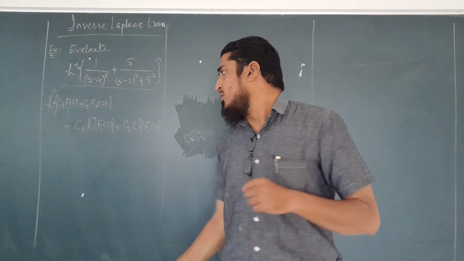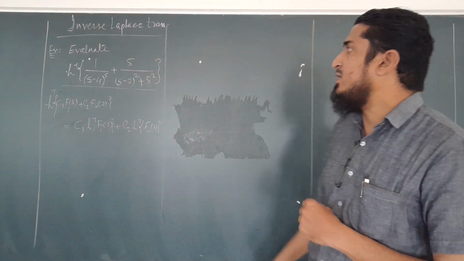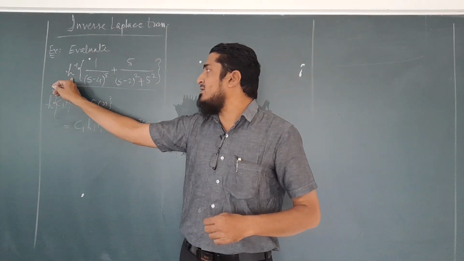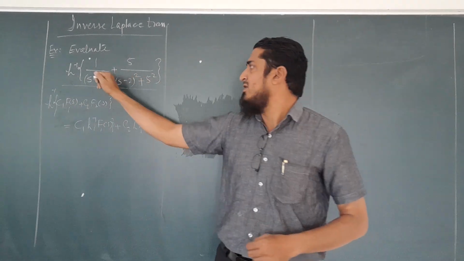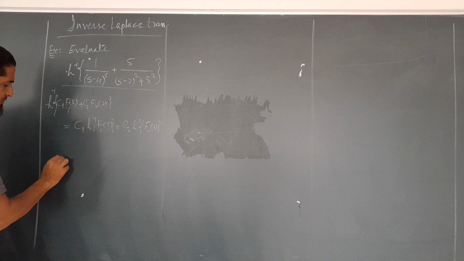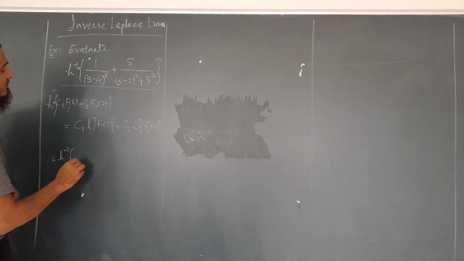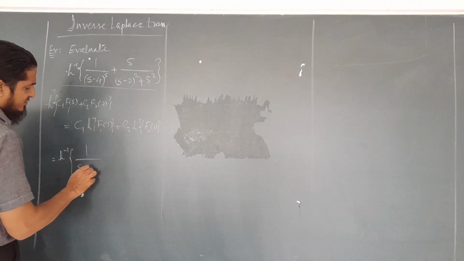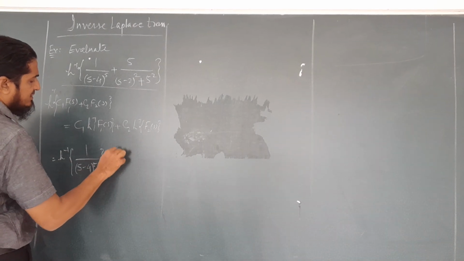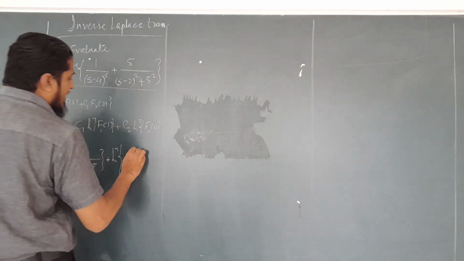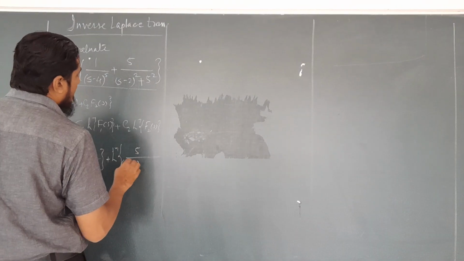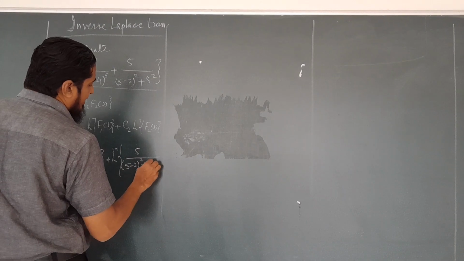Now we have the linearity property in inverse Laplace transform, so we can distribute the inverse Laplace transform operator to both functions. Correct? So we will get the inverse Laplace transform of 1 upon (s minus 4) raised to 5 plus the inverse Laplace transform of 5 upon (s minus 2) square plus 5 square.